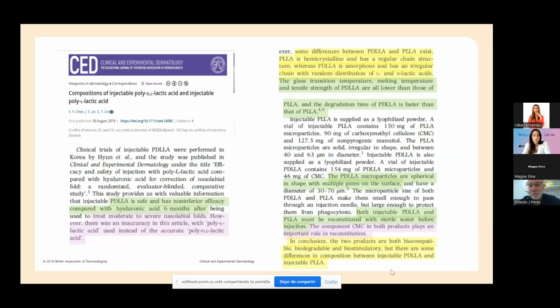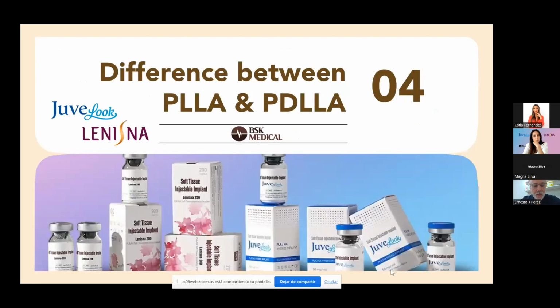But there are some differences between PDLLA and PLLA. More than the microscopic structure, there are small differences in the melting temperature and the degradation time. We'll develop this a little later.